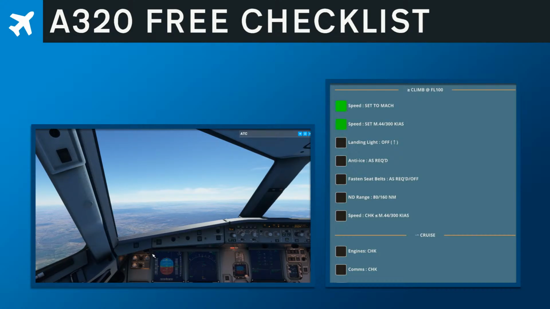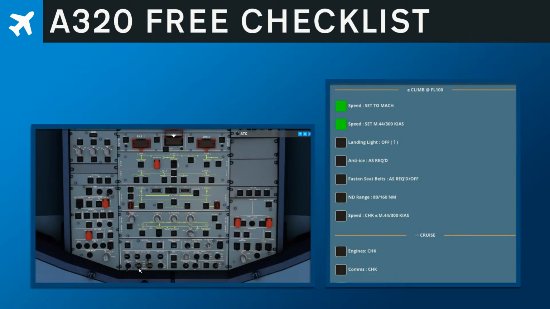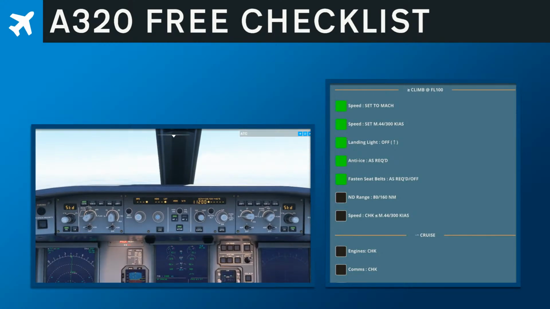And yeah, and landing lights are off now, so we're above 10,000 feet. So they can come off and be retracted as well. Anti-ice is required, and we can, seat belts can come off, and the ND range above 10,000 feet is set to 80-160, and that's personal choice.